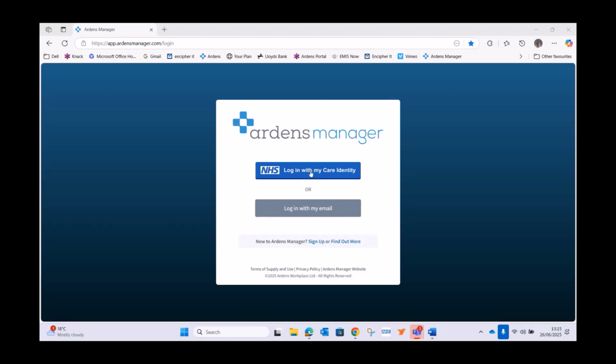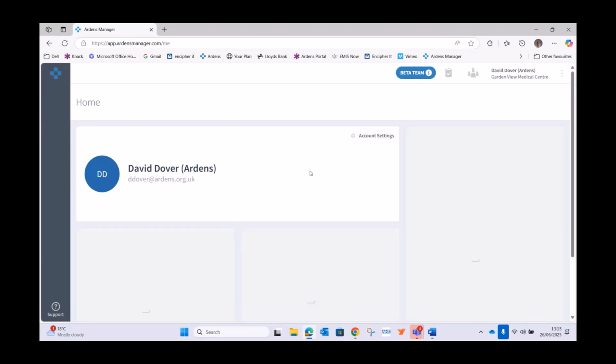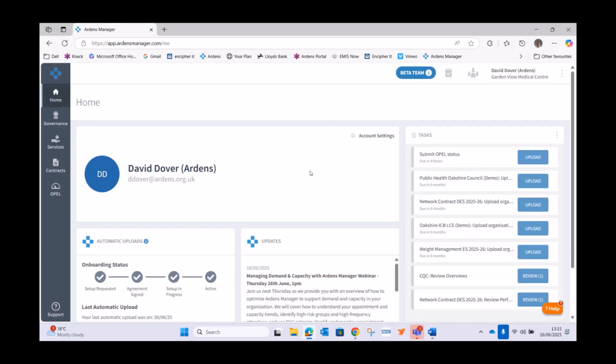So I'm just going to log in with my smart card. This is just a test system, everyone. So all of the data you're seeing is just dummy data in a dummy practice. Obviously, it's not going to reflect the workloads that you have personally. But the first thing I just wanted to do, everyone, before we actually get into the appointments dashboard, is introduce you to one or two dashboards that have been there for quite some time, but again, in our experience, we know that not everyone utilizes these to their full advantage.